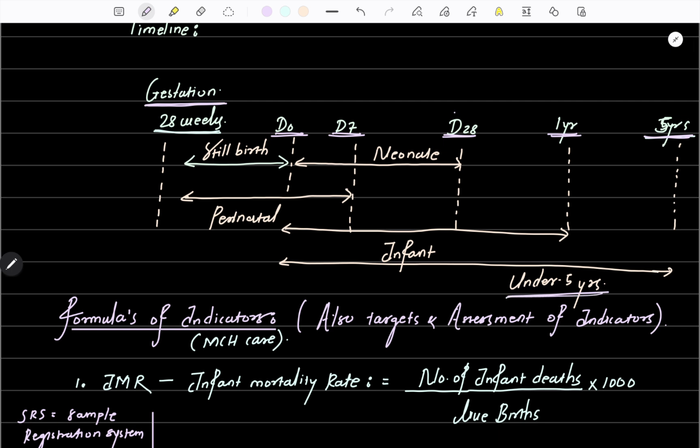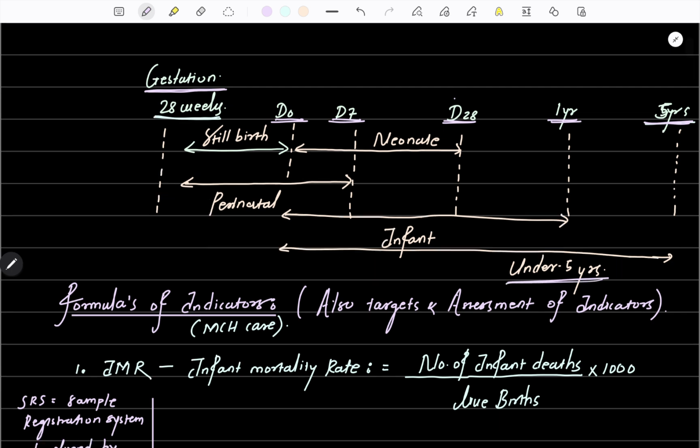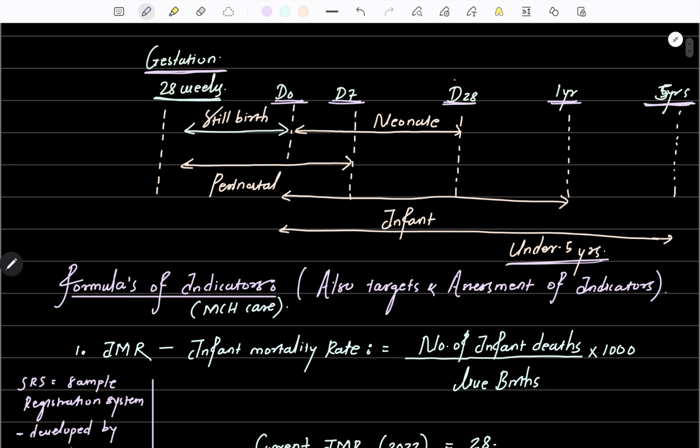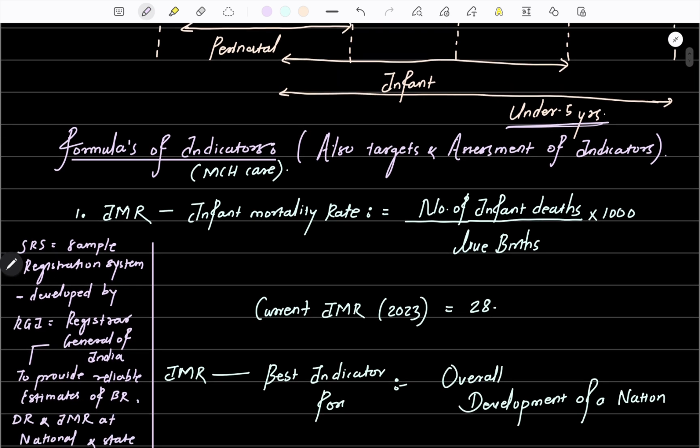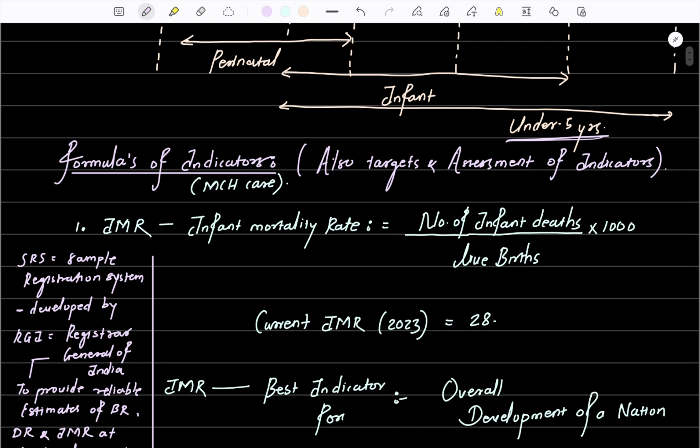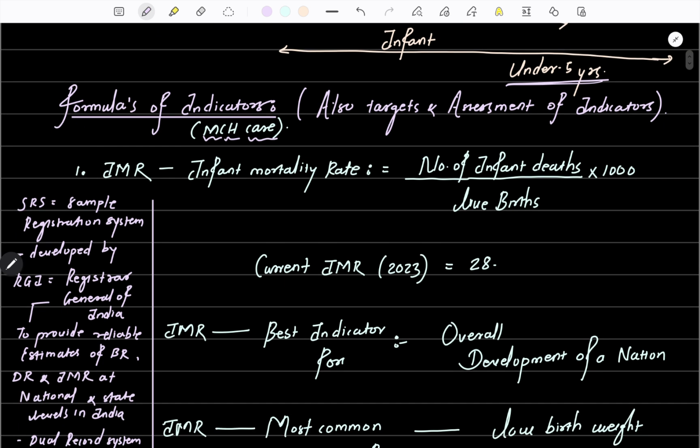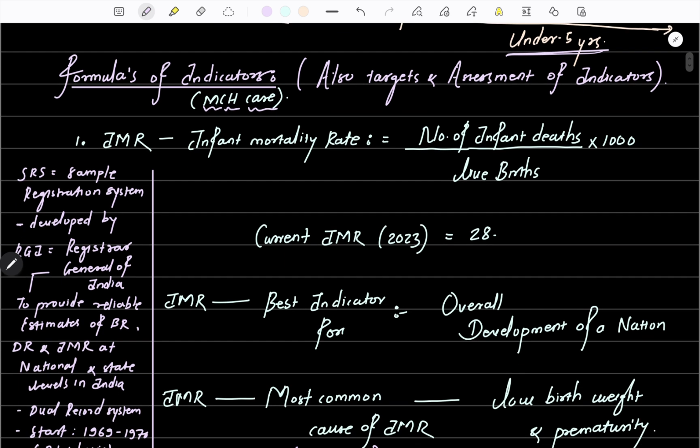Then from day 0 to 1 year is the infant period. All these concepts are really very important. Then we are going to see the formulas for maternal and child health indicators, and also the targets and assessment of these indicators.